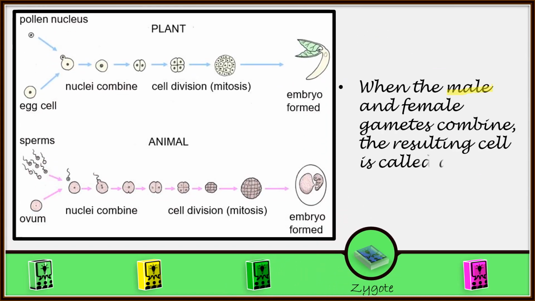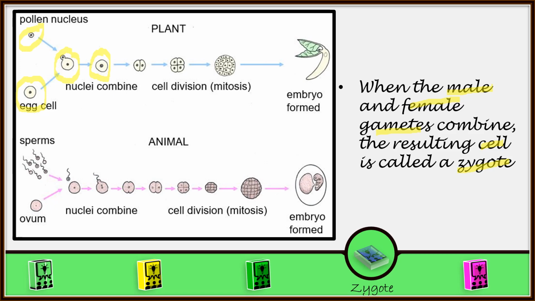When the male and the female gametes combine, the resulting cell is called a zygote. So here, for example, in plants, we have a pollen nucleus which is moving towards the egg cell, and when the two of them combine together, we form a zygote. This product that we have got is what we call a zygote.